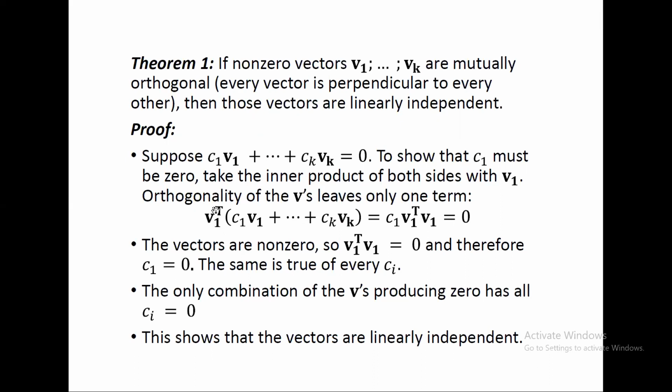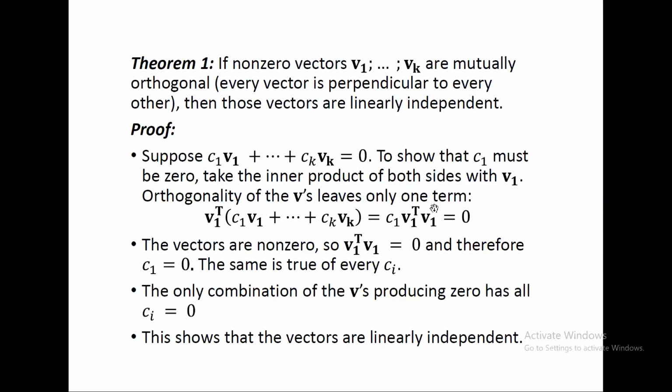Then this dot product will just give us the value v1^T v1, which is a nonzero quantity, and we are left with c1. So c1 v1^T v1 is equal to 0, because the right side is 0.